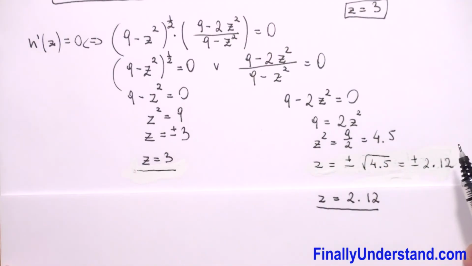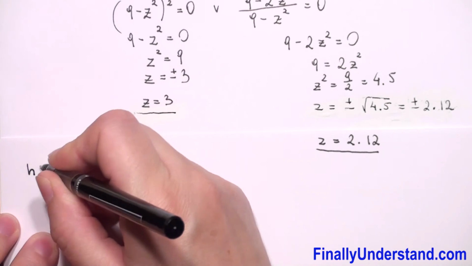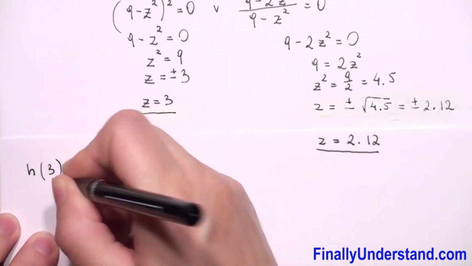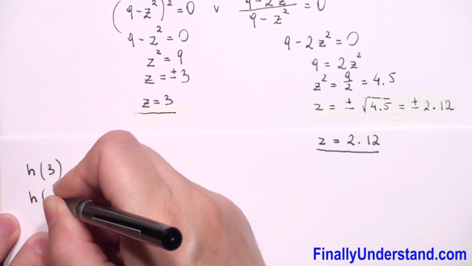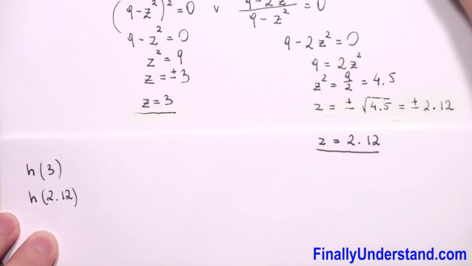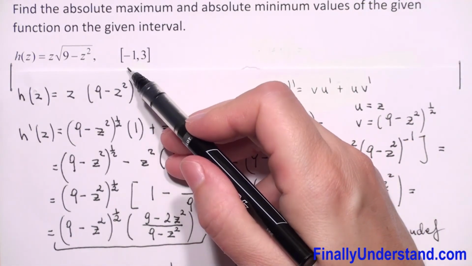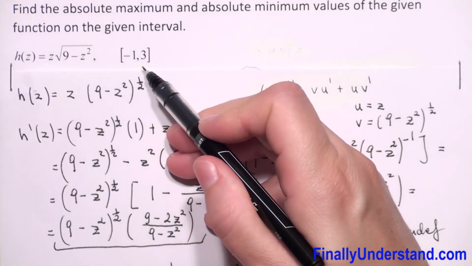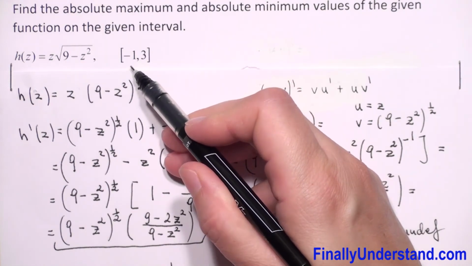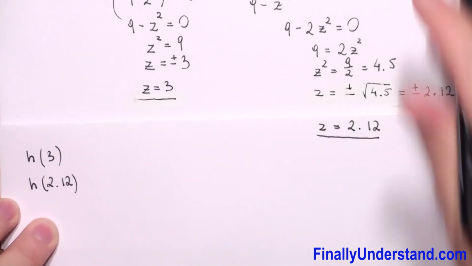So let's calculate the value of our function h for these 2 critical points. So we have to find h of 3 and h of 2.12, and don't forget about the endpoints of our interval. We have -1 and 3. 3 we have, so we have to find the value only for -1.